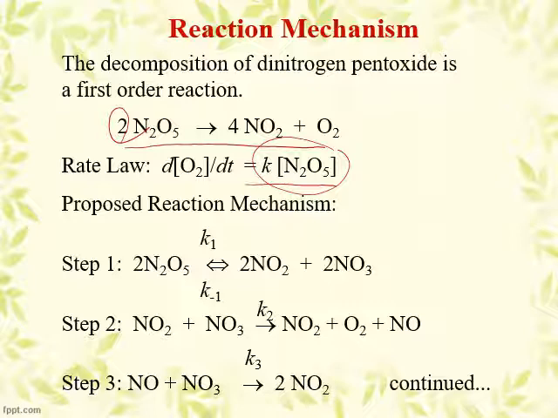Earlier on, I showed you using the slow step and then including the fast reaction at equilibrium in solving the rate law. So this is another approach. We use the steady state approximation. How are we going to do that?